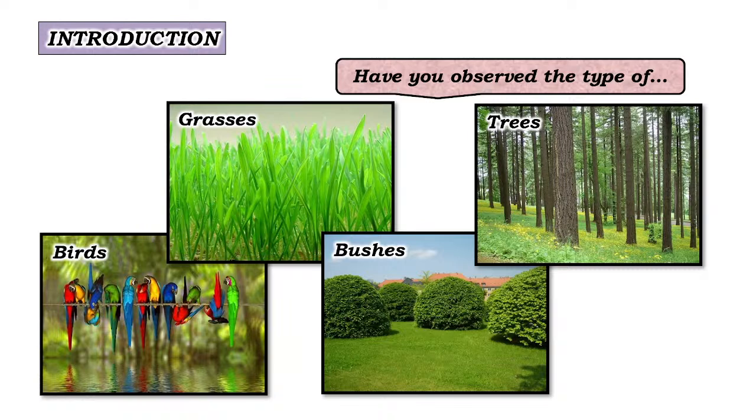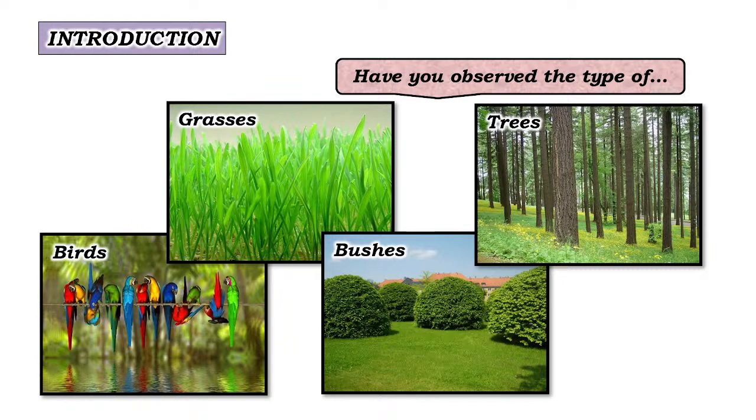Okay, is bamboo a tree or a bush? Have you heard of bamboo? Is it a tree or a bush? Have you seen bamboo? Where? Participate. Speak something. Yes, Ismail.